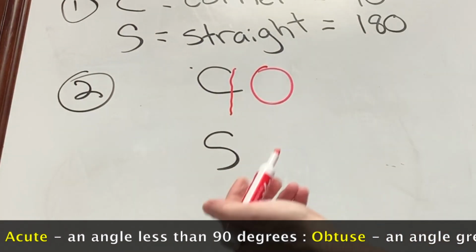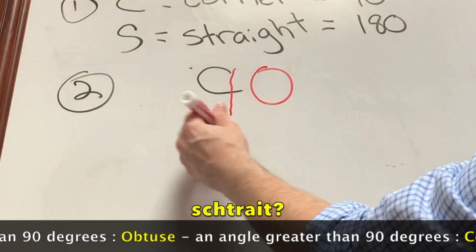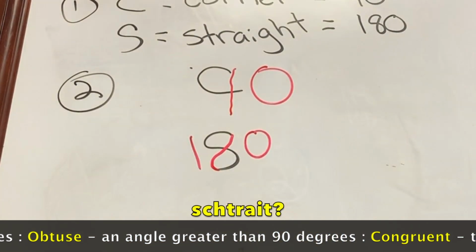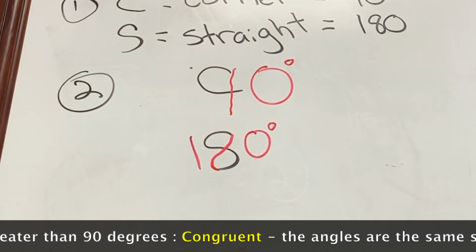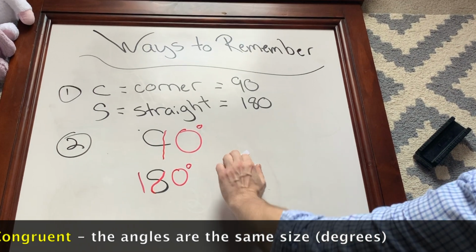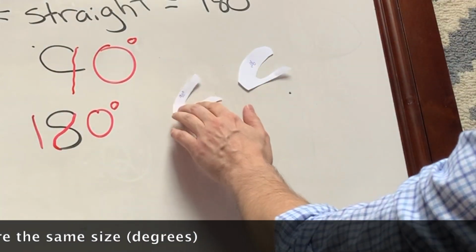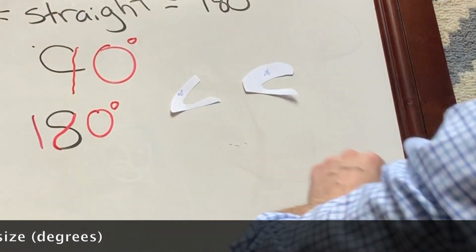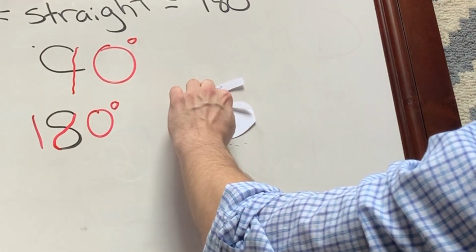And then straight, how do you do anything with that? Complementary, 90, straight is 180 degrees. Let's make these little baby zeros. So you have your degrees there. That's another way. Or if you are really into the magic right here, we have two complementary, so they're each 90 degrees. These are each 90 degrees because they're complementary. If you put them together, what do we get?